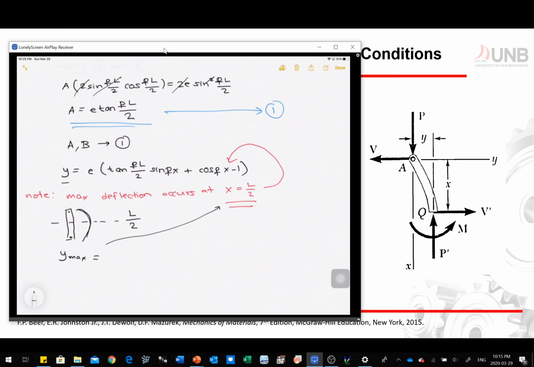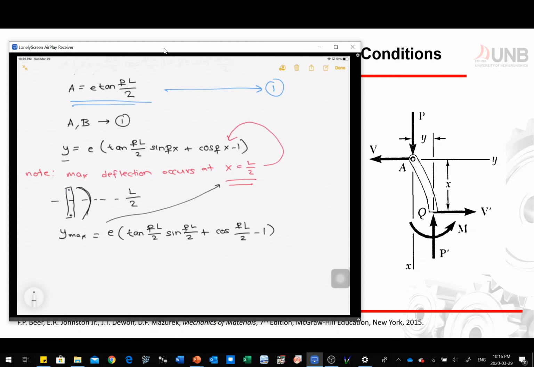So y max is equal to E times tangent pL over 2 sine pL over 2 plus cosine pL over 2 minus 1, and that's the equation. We can further simplify the equation.